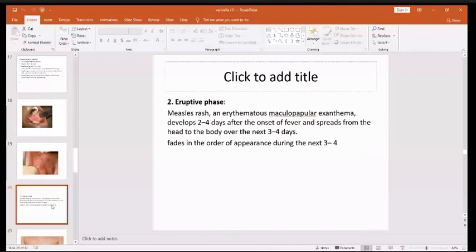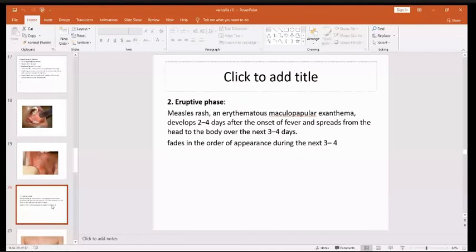So in this, you can see the measles rashes, macular rashes, or you can palpate them, maculopapular rashes all over the body, the trunk area. And complications, one of the common complications could be ear infection. So it can be associated with otitis media. So ear infection, pneumonia, and sometimes the patient can have convulsions.